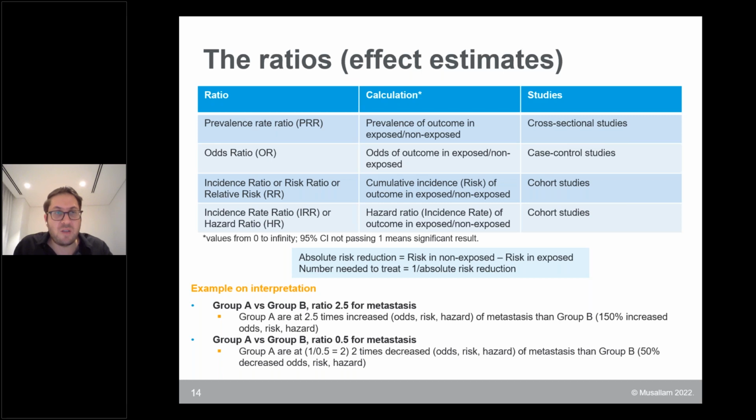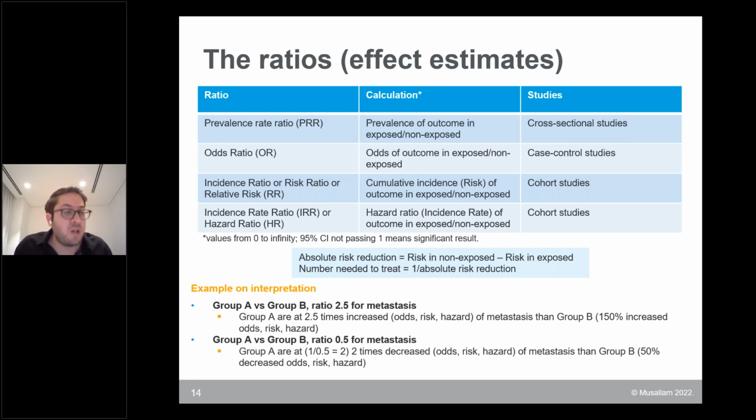This is the prevalence of COVID in passengers coming from Spain. You take the passengers coming from Italy, you find a prevalence of COVID of 30% when you test on arrival. So you have 20% over 30%. That's a 2 to 3. That's what we call the prevalence rate ratio.